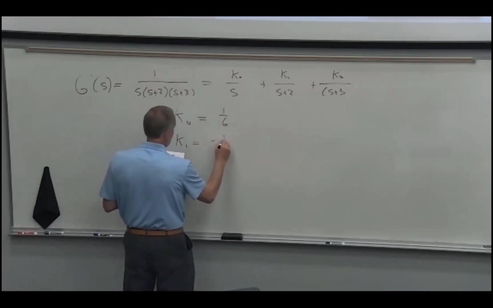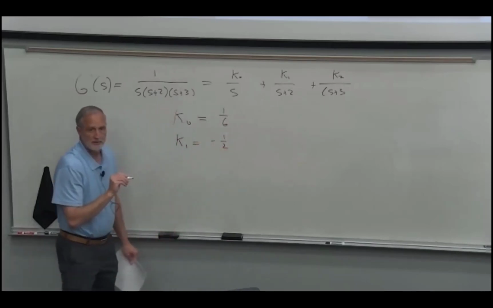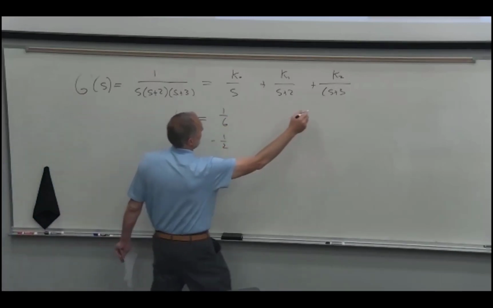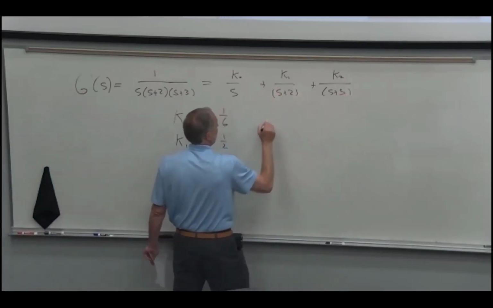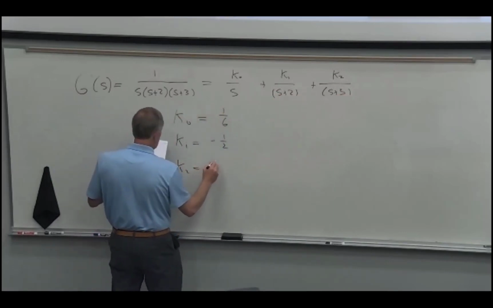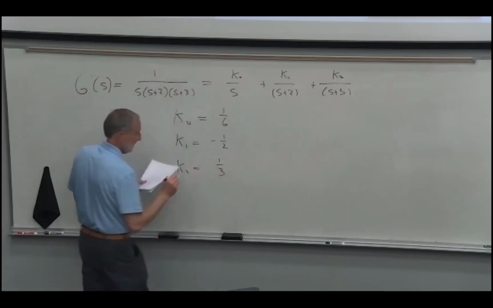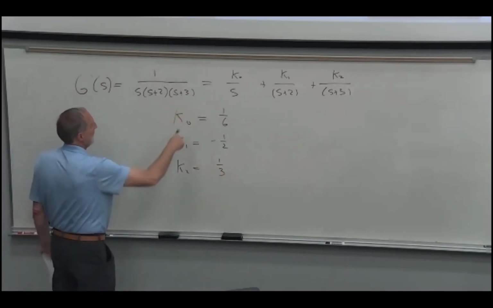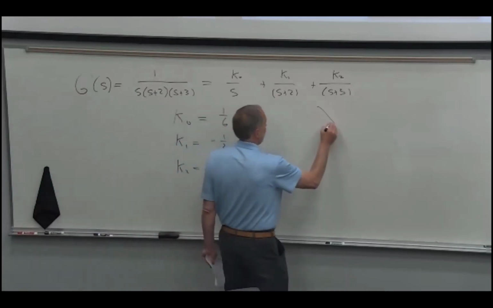Then you should get -1/2. So far, so good. And then K2 from multiplying both sides by S plus 3. And I got 1/3. Check.